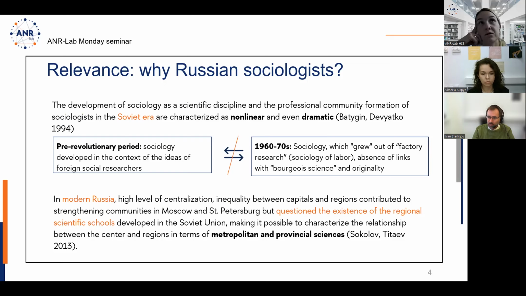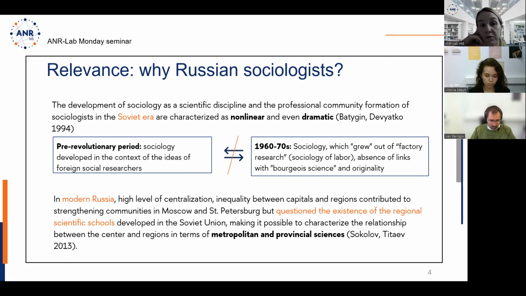But it's not only about interest, but also about the special history of formation of this community in Russia, because it can be characterized as non-linear and sometimes even dramatic. And the Russian sociologists who study and describe the formation of sociological science in Russia say that there were two periods.